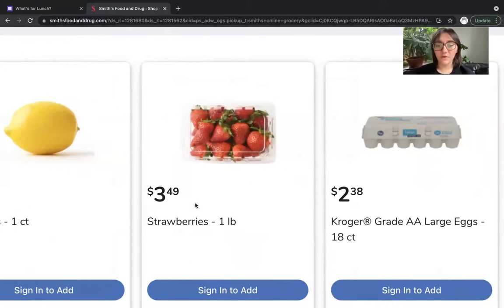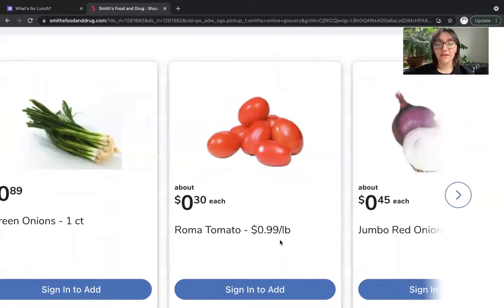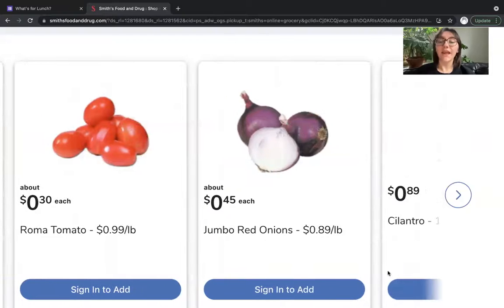This is $3.49 for a 1 pound strawberry crate, 89 cents for 1 count of green onions, and we can see the Roma tomatoes are about 30 cents each, but the actual price is 99 cents a pound. The actual price of the red onions is 89 cents a pound.